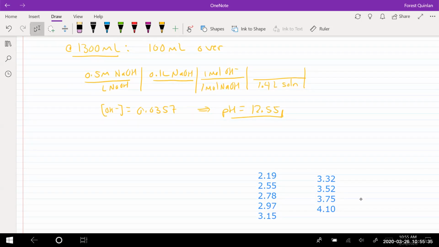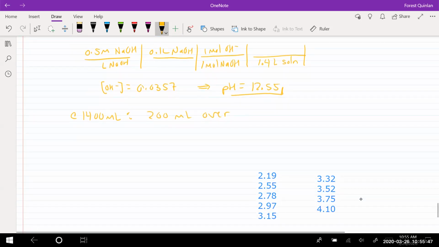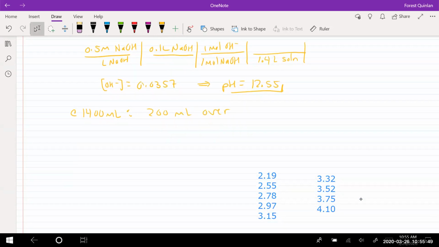Now we can do this at 1500. Now 200 mils over. So everything else up there will stay the same. We'll just change the volume of NaOH and the volume of solution. Those are just going to go up by another 100 mils each.